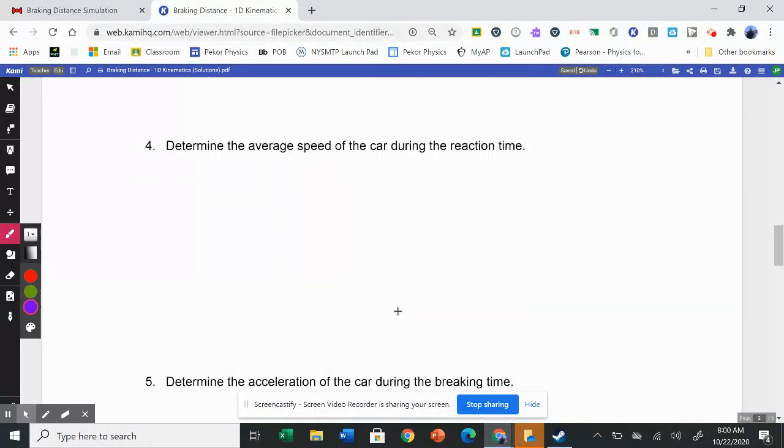So let's determine the average speed of the car during the reaction time. That was the time before I hit the brakes, where the car was moving at a constant speed. I know it had driven 3 meters before I hit the brakes, and I know it did that in 0.2 seconds. And I want to find that average speed. So v equals d over t.